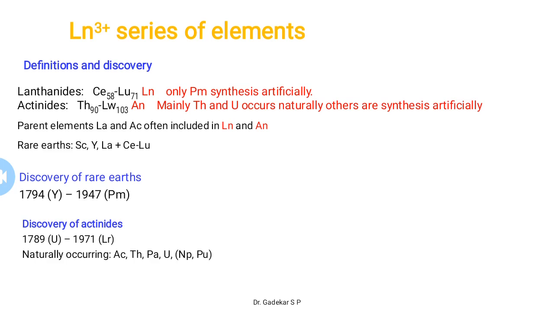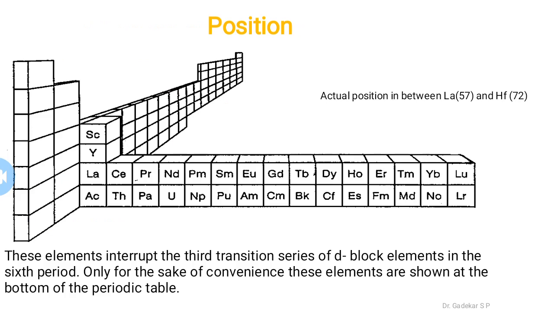Now the discovery of actinides: in 1789 uranium was first discovered, and then up to 1971 when lawrencium was discovered. The naturally occurring actinides are thorium, Pa, uranium, neptunium, and plutonium, of which plutonium and neptunium occur in nature only in small amounts.